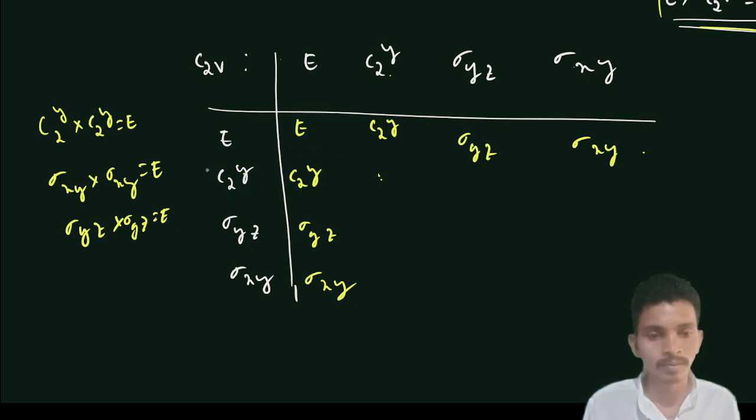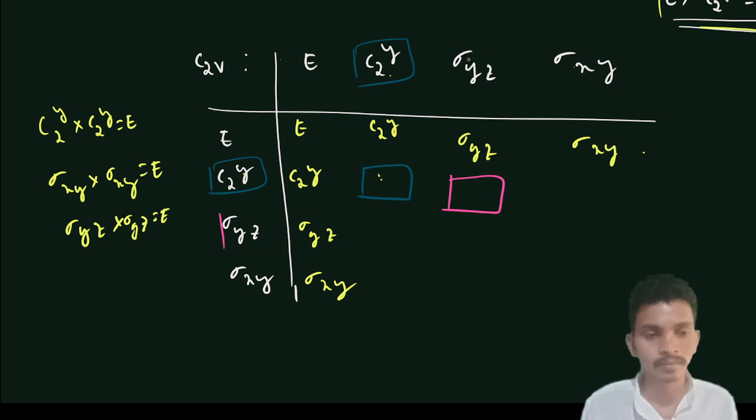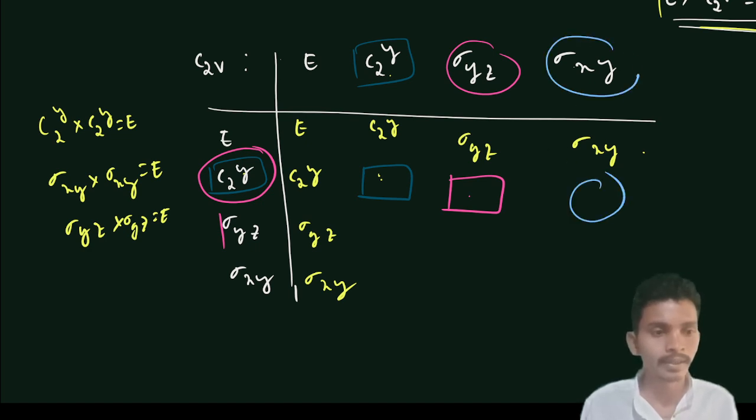So I multiply this and this and this to get this value, and I have to multiply this one to get these values. I have to multiply this one and this one, and to get this value I have to multiply this and this one.